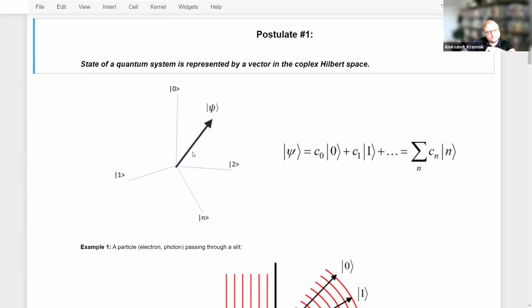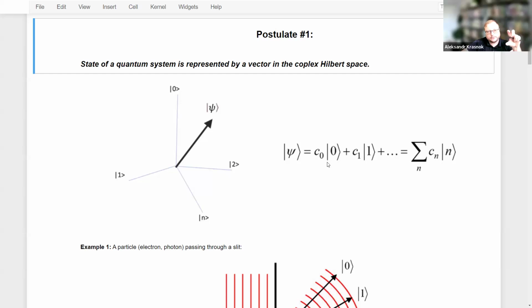This space is represented by a number of eigenvectors which form the basis, so these basis vectors 0, 1, 2, and so on. All of these vectors are orthogonal, and their orthogonality allows you to represent this quantum state. Again, this psi is the state of a quantum system given by this vector.